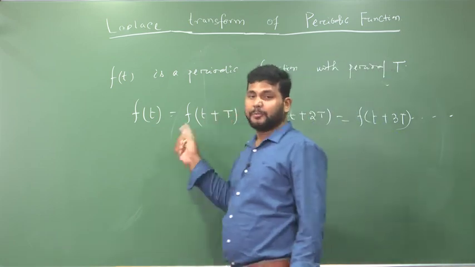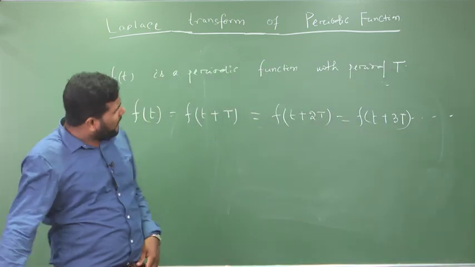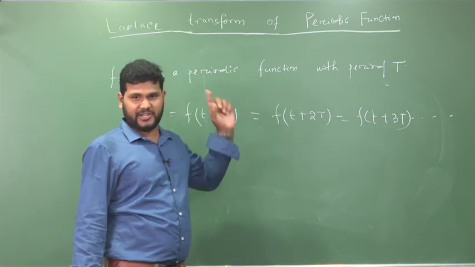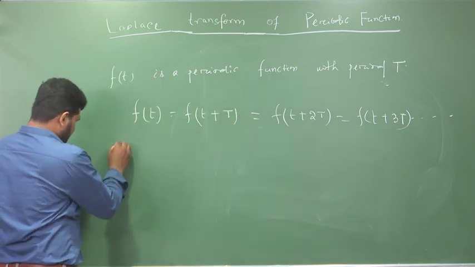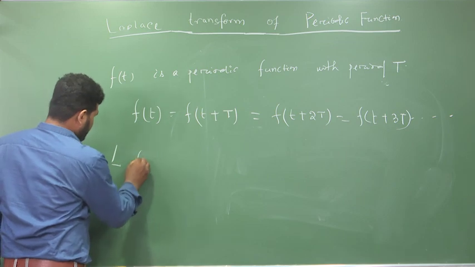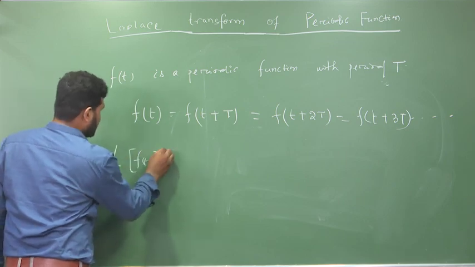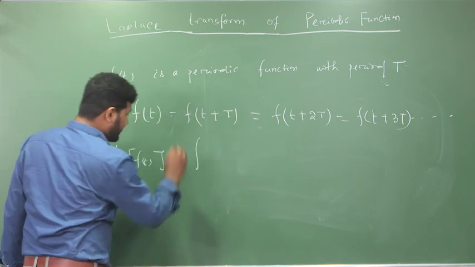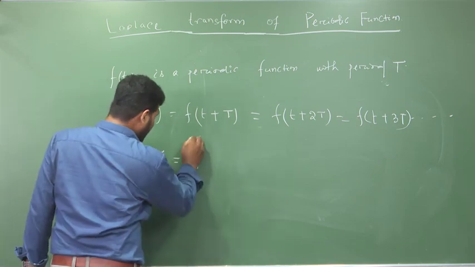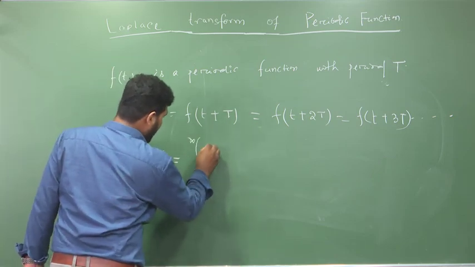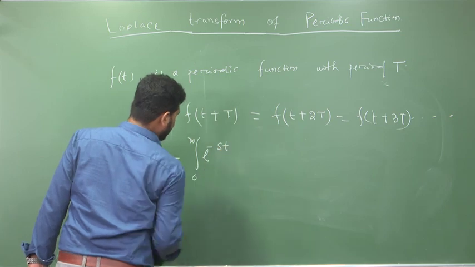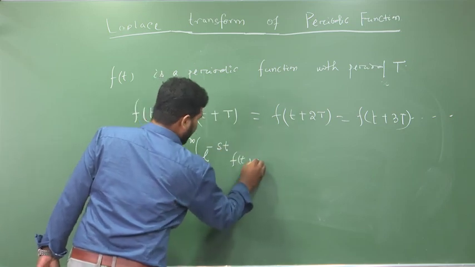So that's the periodic function. We will find the Laplace transform of such a periodic function. Laplace transform of this function, by the very definition, is the integral from 0 to infinity of e to the power minus st times the function, dt.